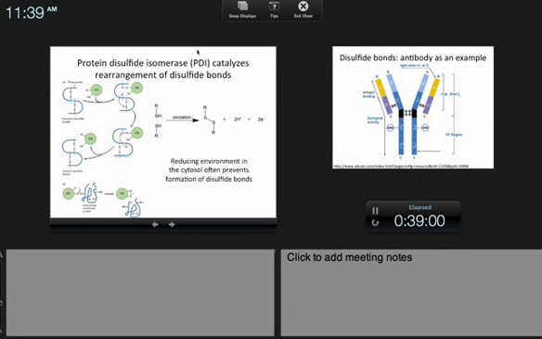Maybe it'll just be amino acids that are close to each other, and the PDI will catalyze the rearrangement. And it's doing that by actually binding to and making disulfide bonds with the protein itself.